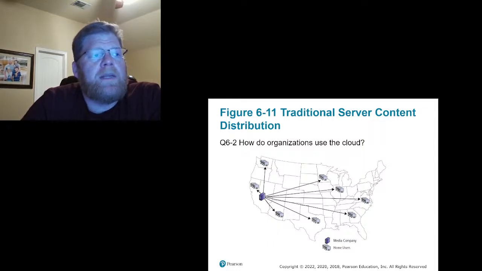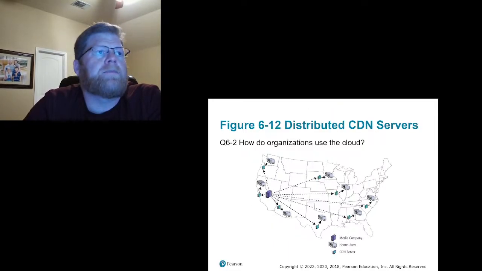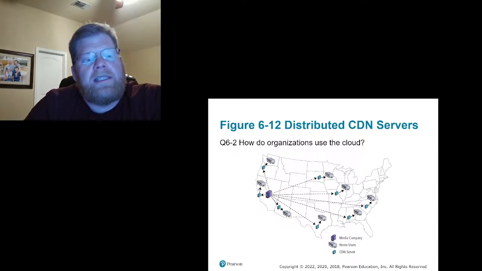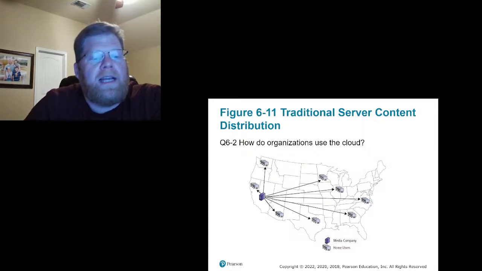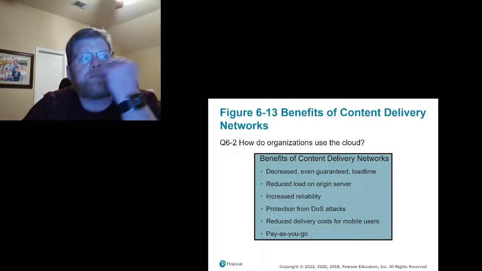So if a media company is actually broadcasting, home users can be able to access it across the country almost instantaneously. Okay, so adding in those CDN servers, that's what the instantaneous part comes into play. Right? Before, there was a delay and a lag time. Here's where the instantaneous comes in now.